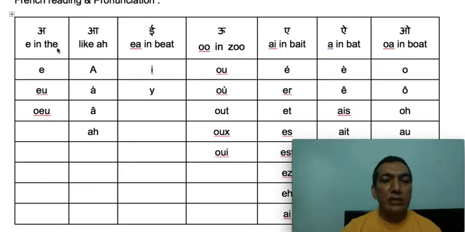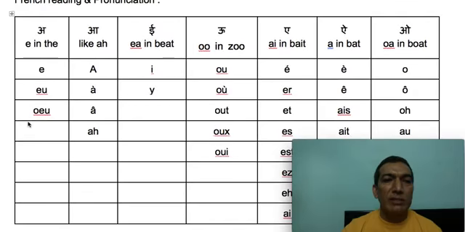Okay, so there are three sounds which are very much similar. I will just simplify as for now. So we'll call them like in Hindi or in English, E in the letter "the". Okay, so it is very similar to this sound.